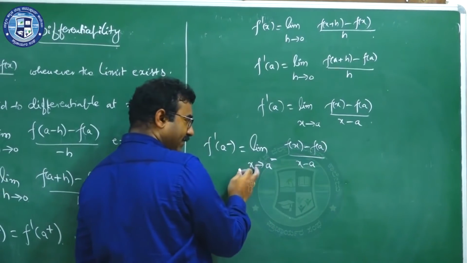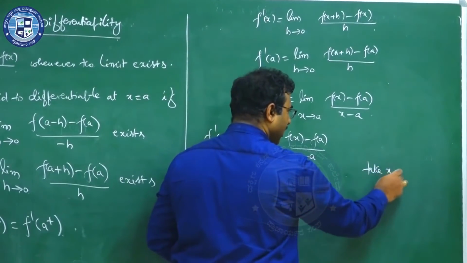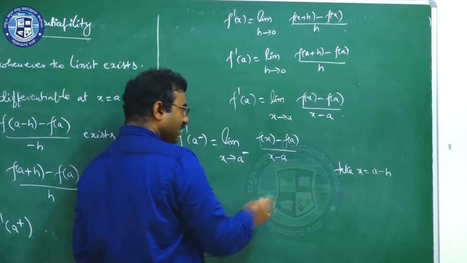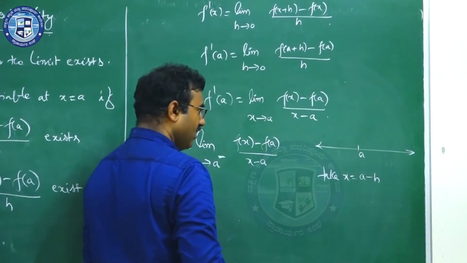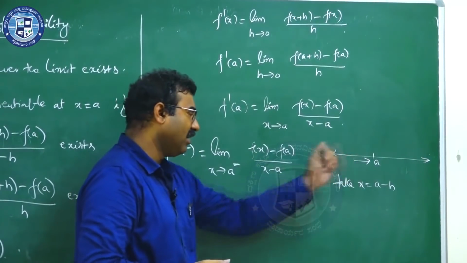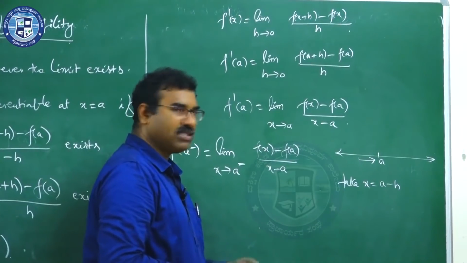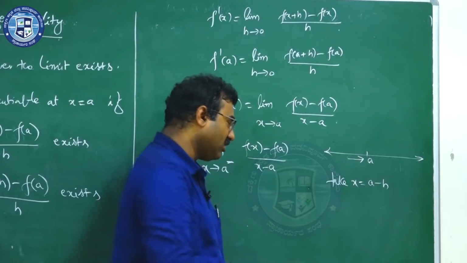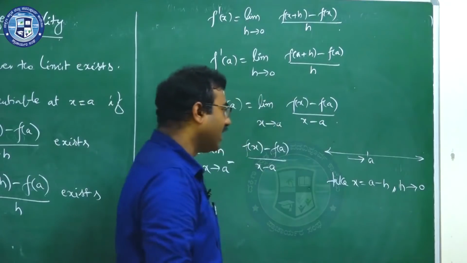What I do now, in the place of x, I take x is equal to a minus h, because x is coming close to a from left. At that time the values are less than a, just smaller than a. So for that purpose we take x is equal to a minus h, where h is a small positive quantity, h is tending to 0.